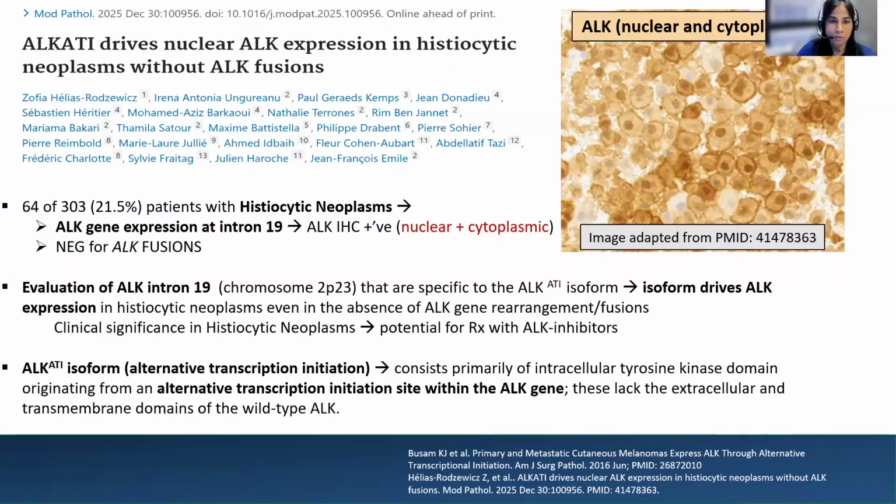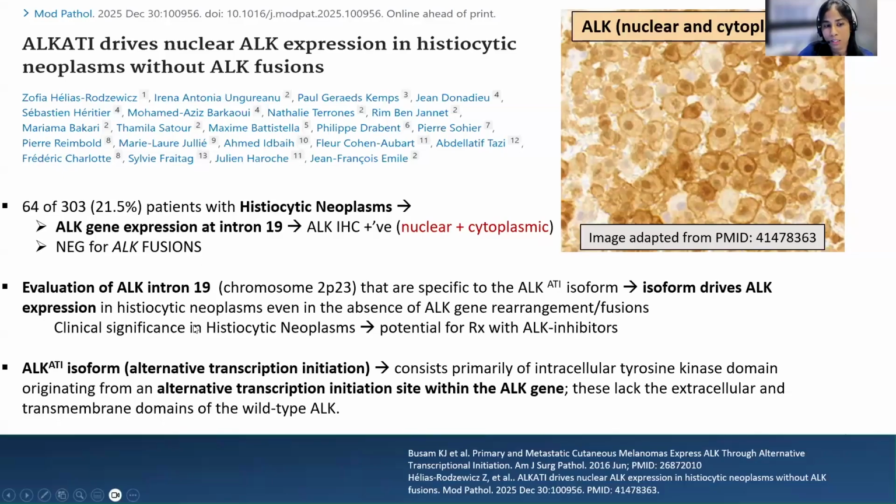A recent study by the French group showed that about 21% of patients with histiocytic neoplasms had this nuclear and cytoplasmic expression of ALK by immunohistochemistry, but these were negative for ALK fusions. And they identified the presence of ALK ATI isoform, the ATI being alternative transcription initiation. This isoform was identified on intron 19 sequencing, and this has been established in melanoma previously, but it's never been shown in histiocytic neoplasms.